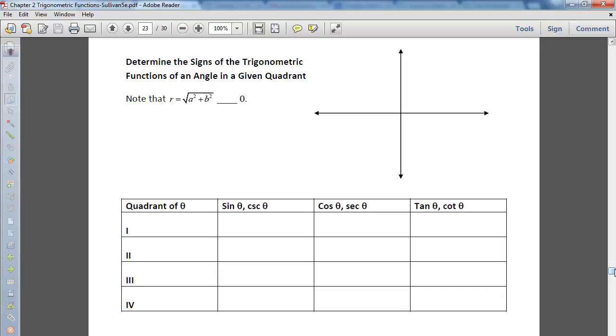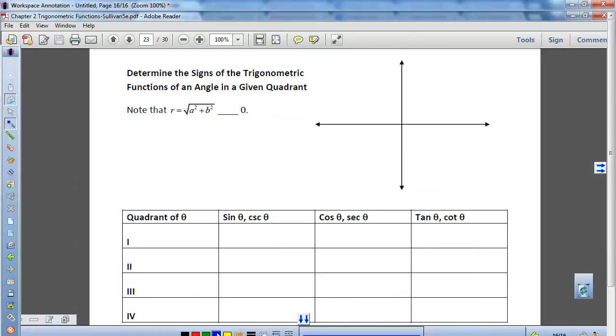Signs of trigonometric functions, which is a third worksheet. I think there's one called signs of functions or something like that. We know the sign of a trigonometric function based on the quadrant that it's in. So over in the first quadrant, if we're looking at the coordinates, we have positive x, positive y, right?